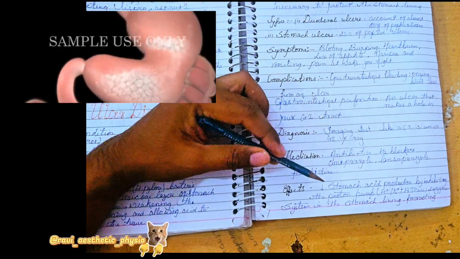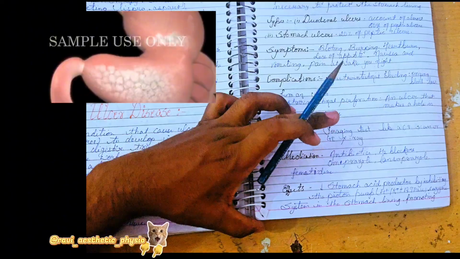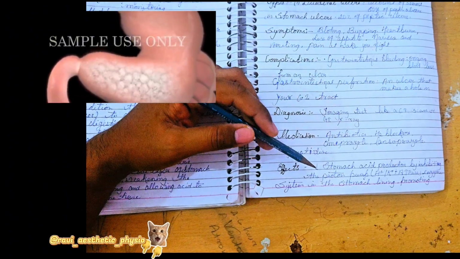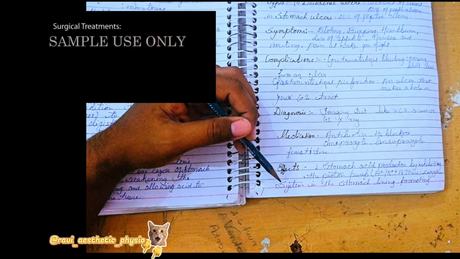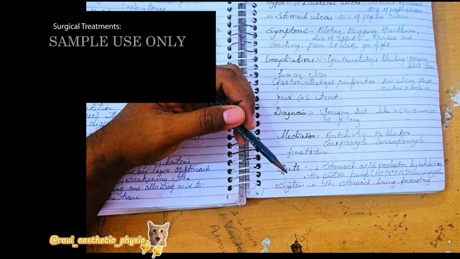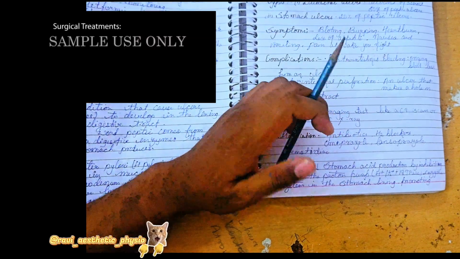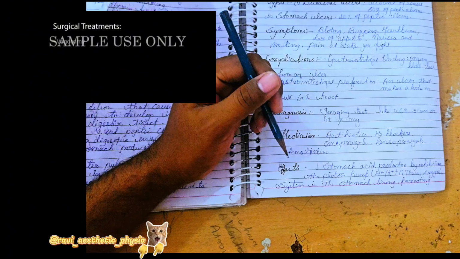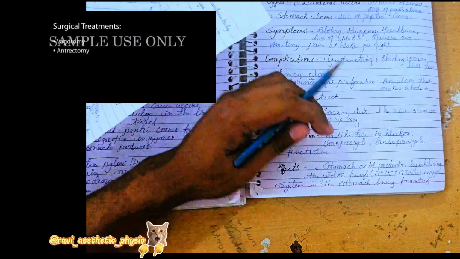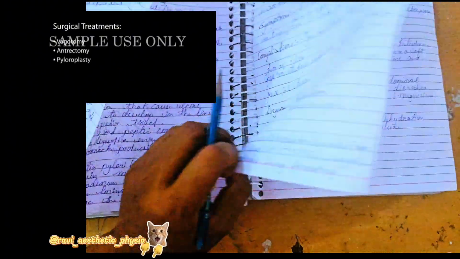It reduces stomach acid production by inhibiting the proton pump and the ATPase enzyme system in the stomach lining. The antibiotics reduce the infection, and the proton pump inhibitor helps the stomach lining with the prevention and rapid healing of the ulcer.